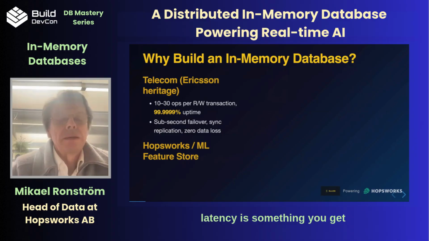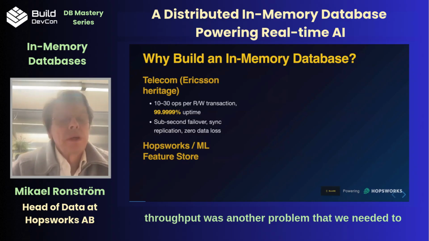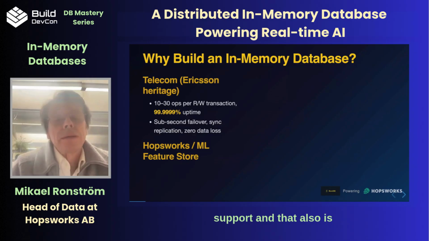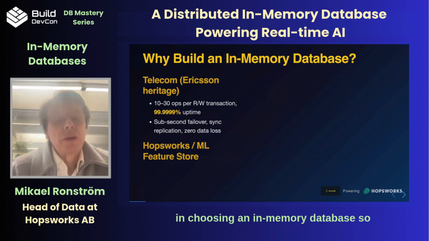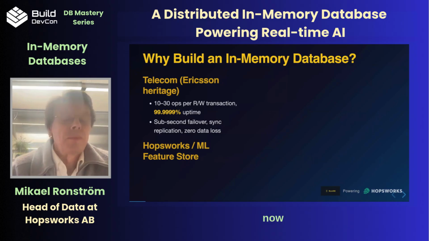So latency is something you get very controlled if you use an in-memory database. Throughput was another problem that we needed to support, and that also is a major factor in choosing an in-memory database. So what I'm going to present today is how we did use in-memory and how that benefited our architecture and our performance and made it more useful in the telecom space.